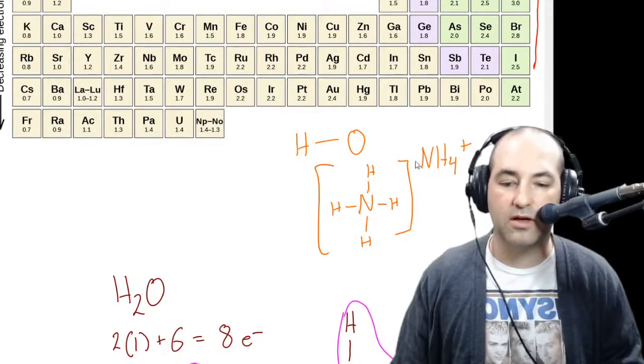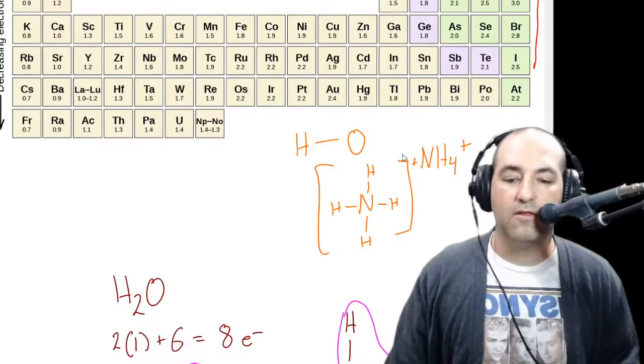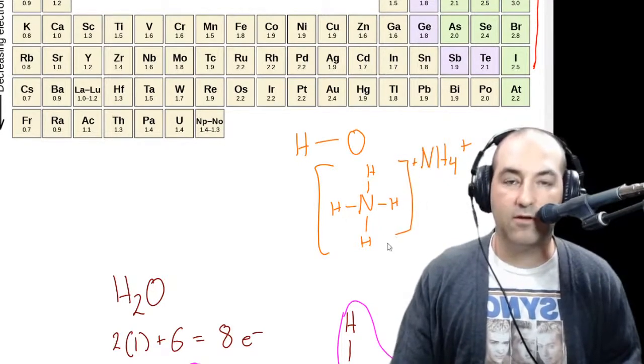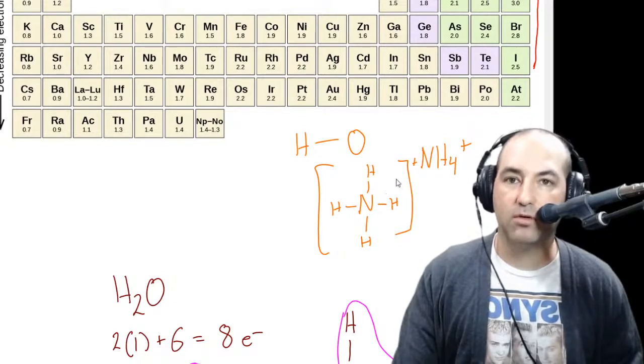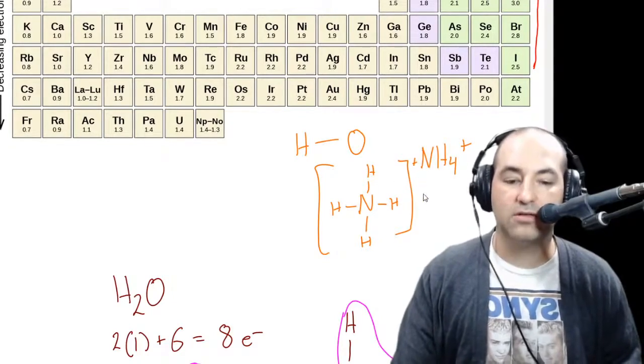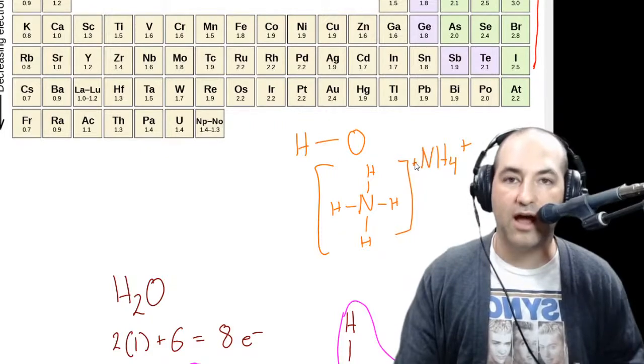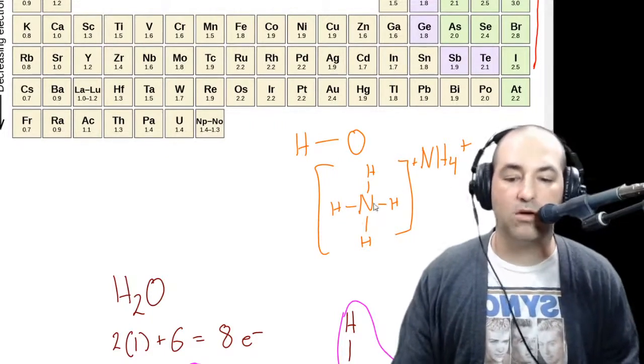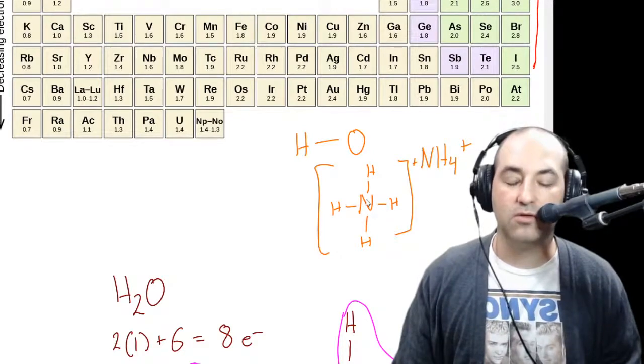And that whole thing is positive. There isn't an electronegativity value for the whole thing. There isn't a polarity idea for the whole thing. It's an ion, so it's charged, so it will attract other negatively charged particles. But within the molecule, all we can really talk about is the individual N-H bonds.